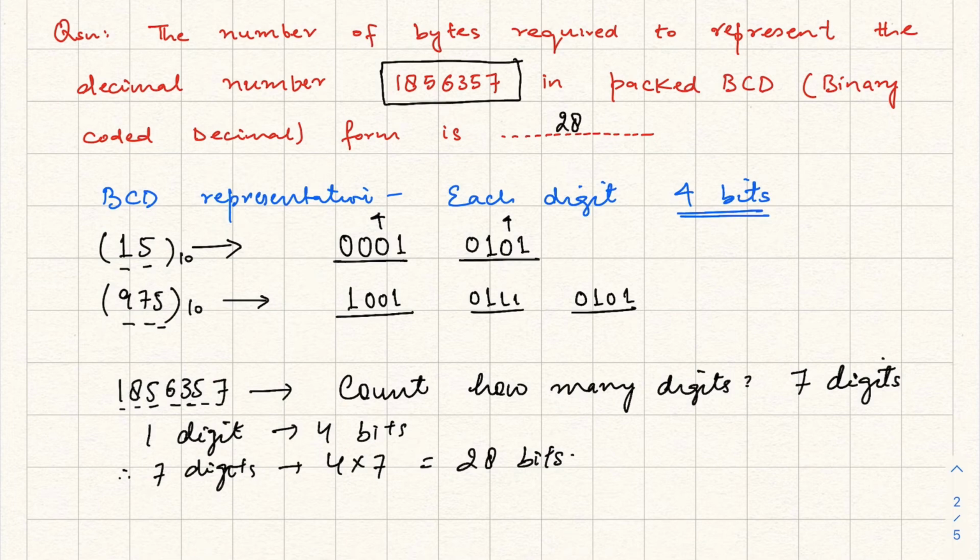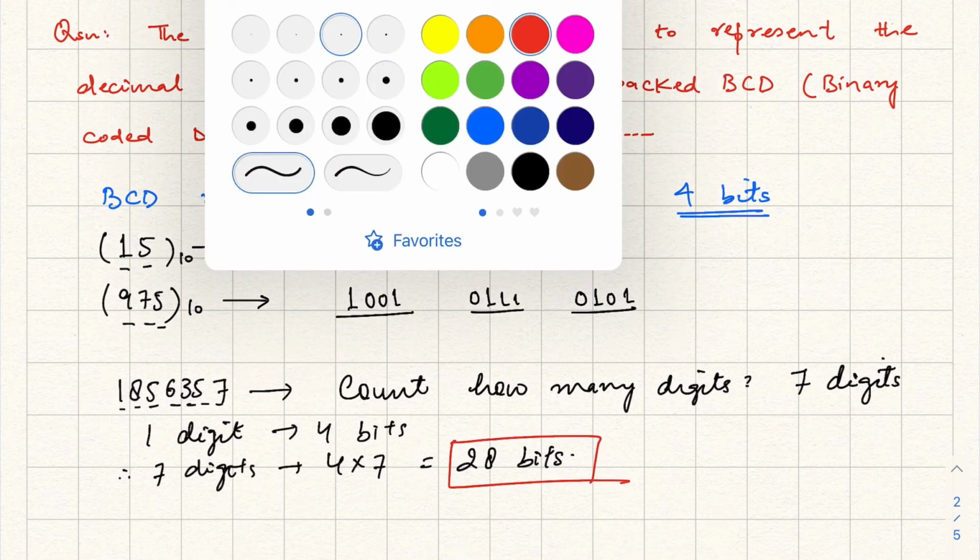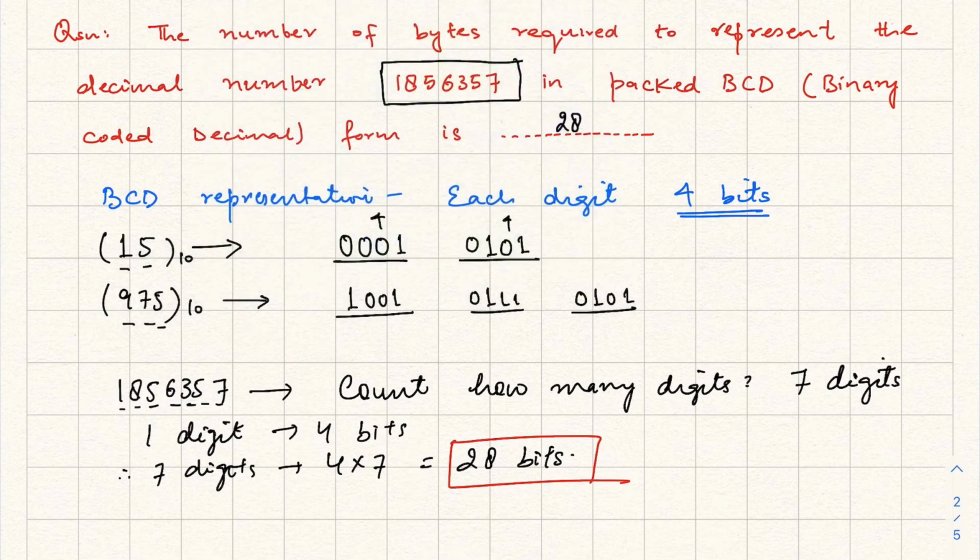Why is that wrong? Because the answer we have calculated right now is in bits, so we have to be cautious, while what is being asked is the answer in bytes. We all know that 8 bits make 1 byte.